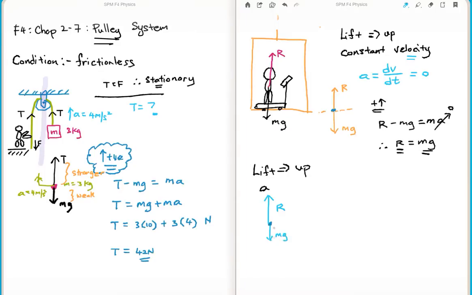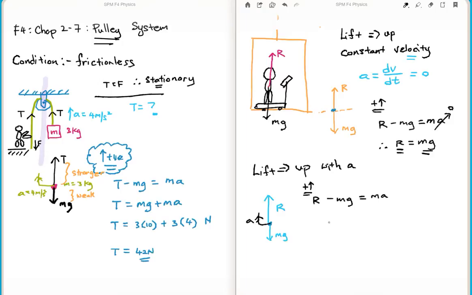This is the direction gravity acts, and then it goes up with acceleration a. So what happens? The overall effect, yes, this is a. Then in order to get an equation, taking positive going up, R minus mg is equal to ma.